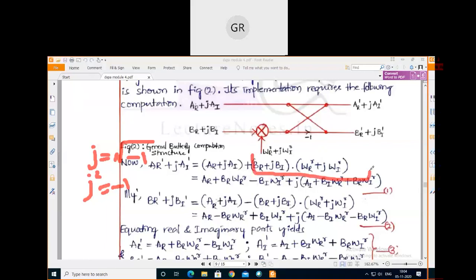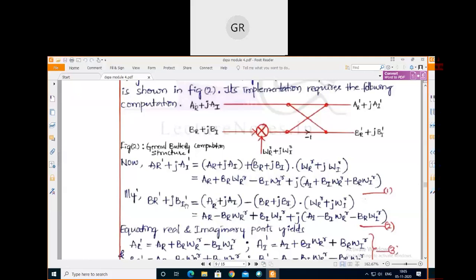BR WRr plus j of BR WIr plus j BI WRr, then j times j is minus 1, so minus BI WIr. Each term is added to AR plus j AI. Then we get AR plus BR WRr minus BI WIr plus j times of AI plus BI WRr plus BR WIr. Just remember this one is equation number 1.